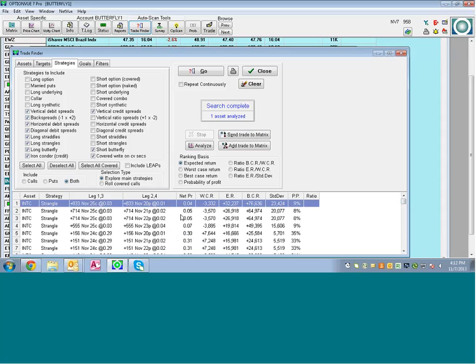If I highlight the very first trade and read it across, you can understand what this means. A lot of people don't understand this. If this has more than one leg, let's say it's a 4-legged strategy, then we would see more than just one thing here. This is leg 1, this is leg 2. So this strangle means with our $5,000, OptionVue says you can afford to buy 833, and I don't want to do this because it's only at 3 cents and at 1 cent, but that's why it's recommending you could buy so many of these. 833 of the November 25 calls at 3 cents.